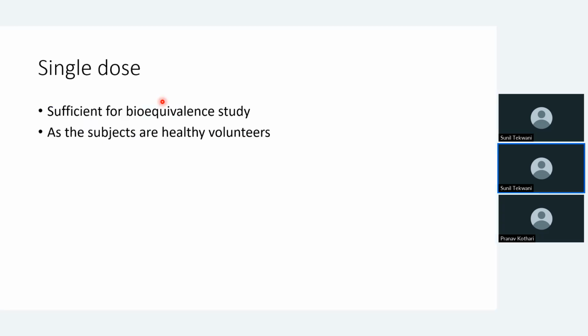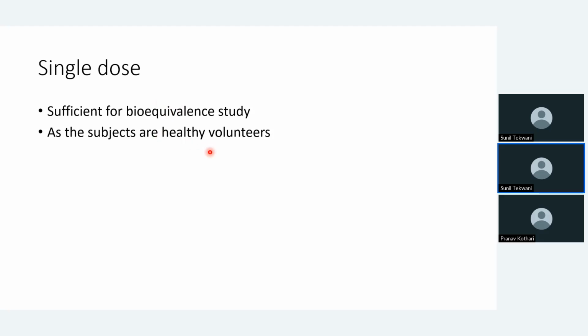Going to the next terminology in the bio study design, single dose. We are measuring blood concentrations, so we do not need multiple doses. A single dose of test product and a single dose of reference product will give us enough information about the blood concentrations. And we are doing it in healthy volunteers.